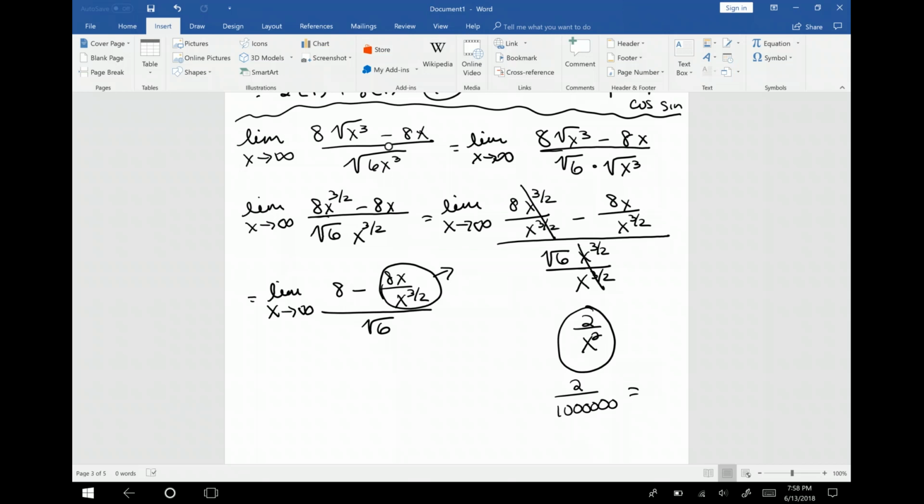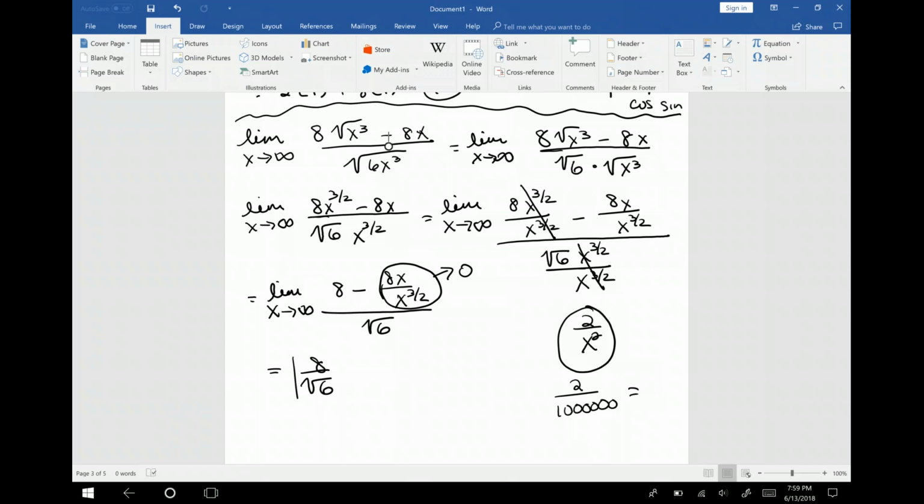So it's going to be 0 again, because that denominator is going to be getting much bigger than the numerator. The denominator is getting really, really big and the numerator isn't going to be as big. So in the long run, as we keep making x get really, really, really big, that's going to go to 0. So this limit then is going to be 8 over the square root of 6.